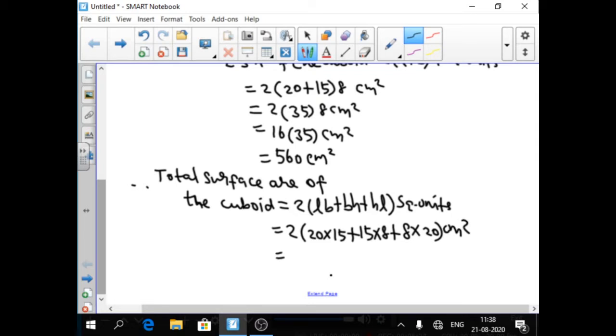So substitute the values: 2 times of 20 into 15, 20 15s are 300, plus 15 8s are 120, plus 8 20s are 160, into centimeter square.